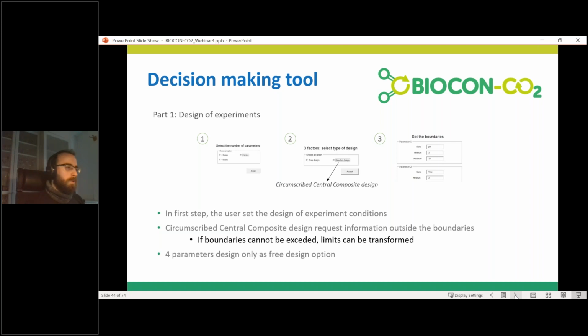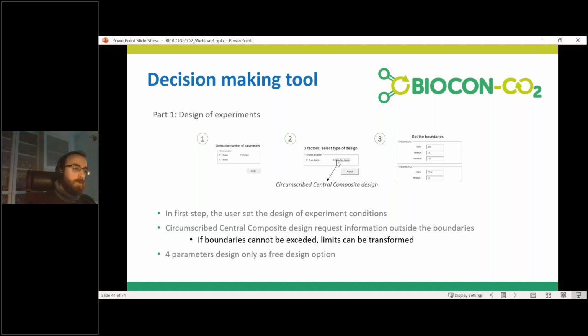Okay, so in our tool, I'm not sure if you're able to see it, my screen is quite small. First of all, we will choose the number of factors or variables we want to include in the system. Then for two or three variables, we suggest using the directed design.